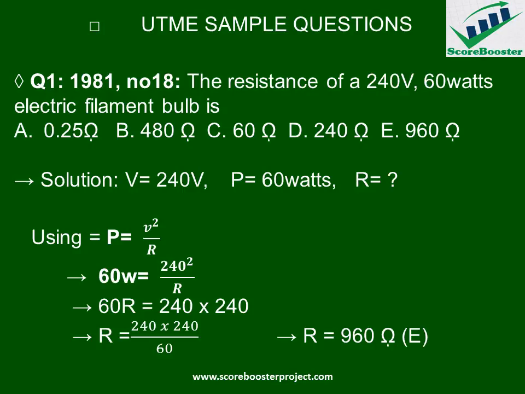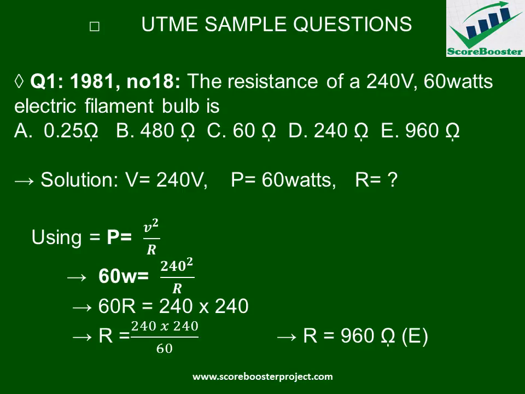So if we look at this particular question, we need to write out the parameters as the first step. From the question, we have the potential difference phi to be 240 volts, then the power P equals 60 watts, while the resistance is not given, and that is what they ask us to find.